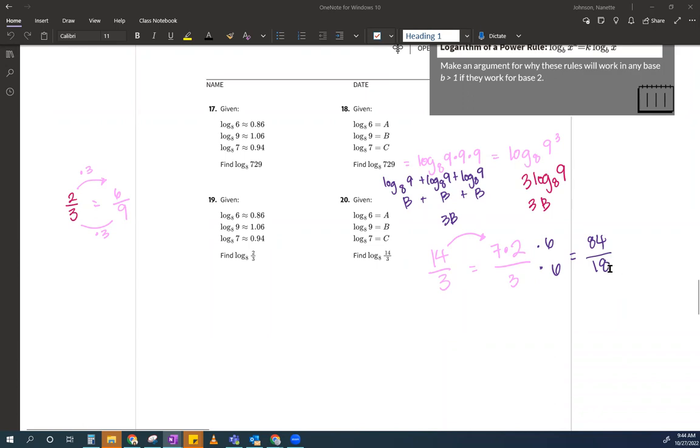So wait, if I divide this by 2, I get 9. And if I divide 84 by 2, I get 42. And I like the 9. And do you like this 42 right here?